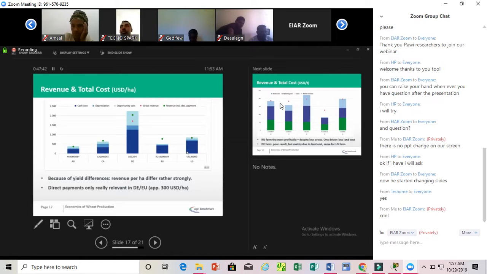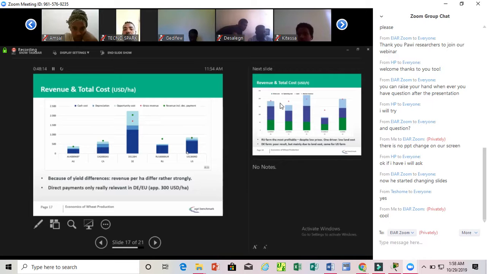And what I need to tell you here is the green to the right. That is what the market revenue is, the red dot. And the revenue, including the decoupled payment, that is the famous subsidies that German or European farmers receive. You can see here that is in the range of $300 per hectare. That is a government payment that they receive irrespective of what they do, whether they produce a crop or not.